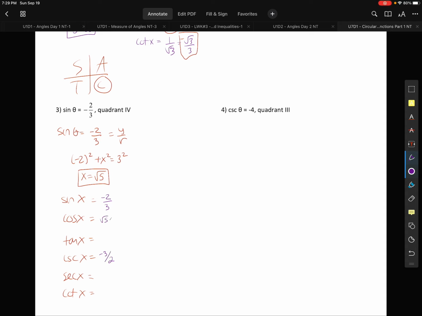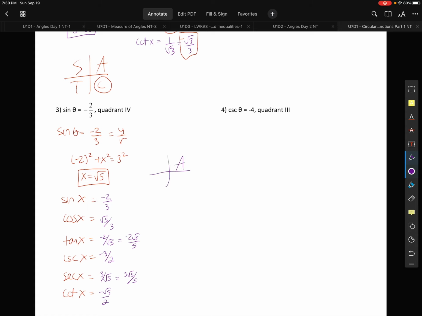Cos is rad 5/3, which means that secant is 3/rad 5, which is 3 rad 5/5. Tan is y/x, which is negative 2/rad 5, which gives me negative 2 rad 5/5. Cotan, negative rad 5/2.